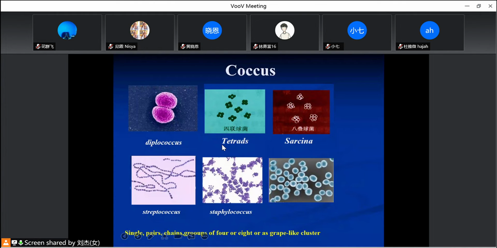Actually, for a specific group of bacteria, a family of bacteria, each kind of bacteria has its own special shape. Some of them form a shape like this. Some of them form a shape like that, but they won't change too much.